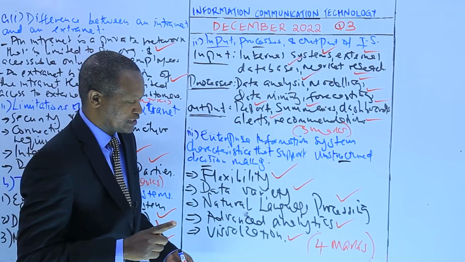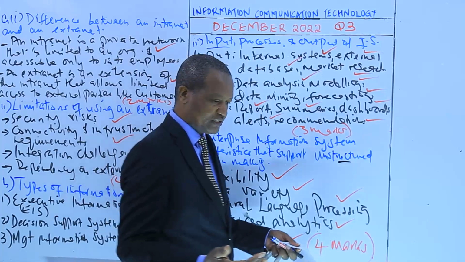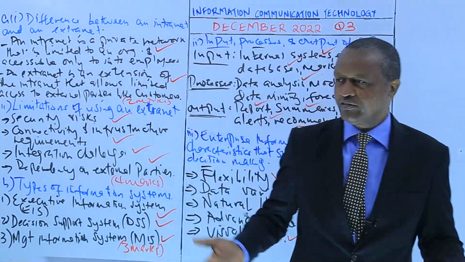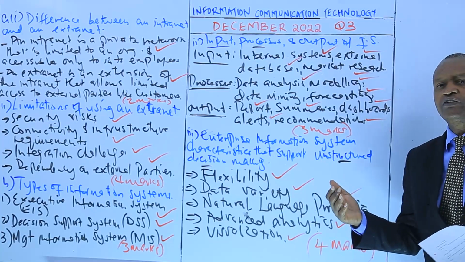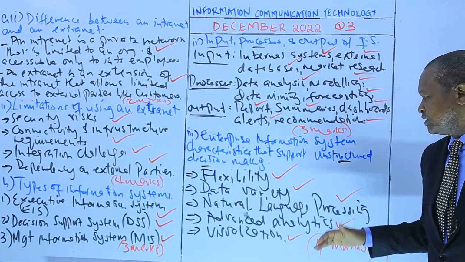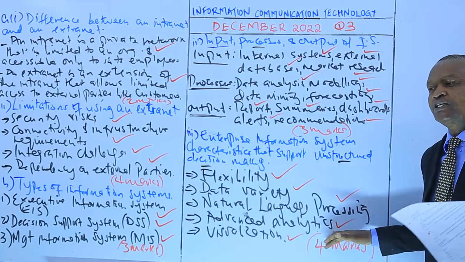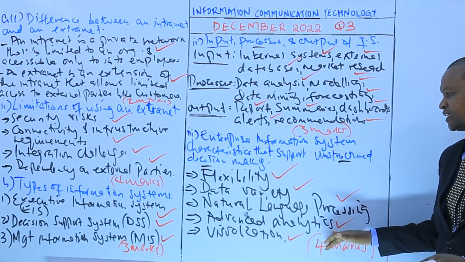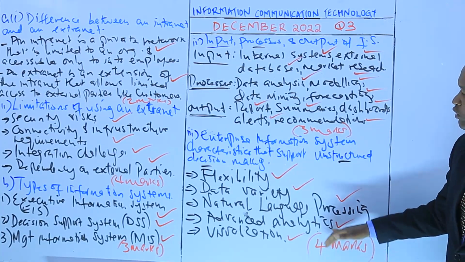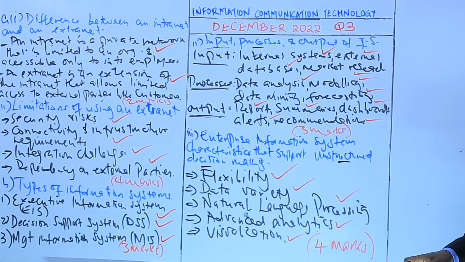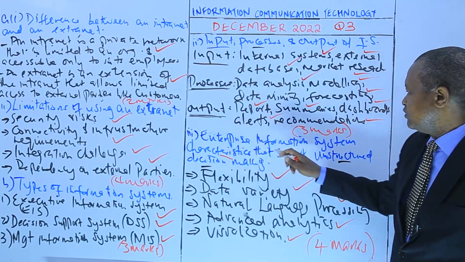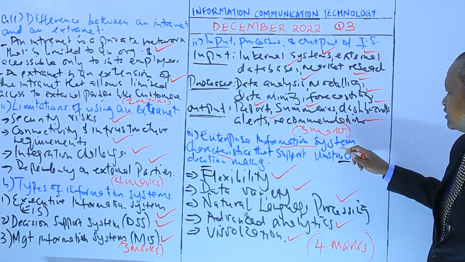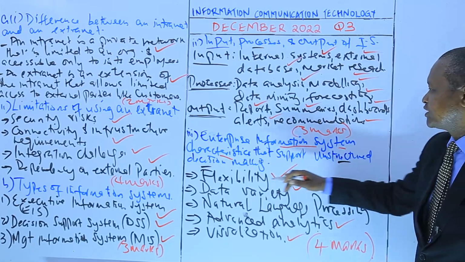Now, in another question, you may be asked to give examples of information systems that support unstructured decisions. What are examples of these systems? Because here we have highlighted the characteristics of information systems that support unstructured decisions.